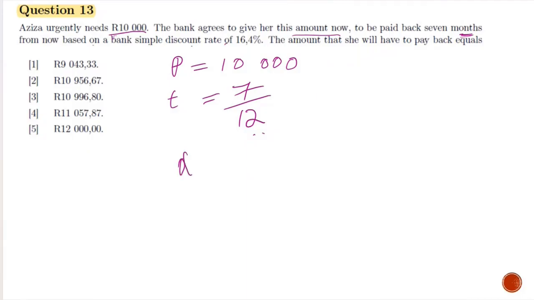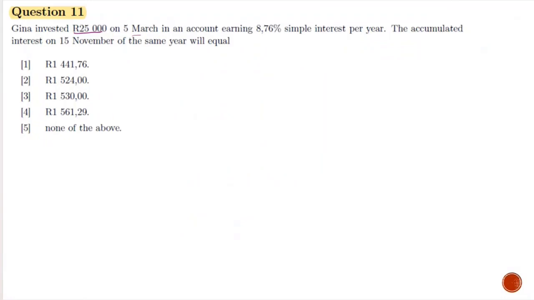So your d is equal to 0,164, okay? The amount that she will have to pay back, that is S here. What is the formula? You can see we are talking about a simple discount.